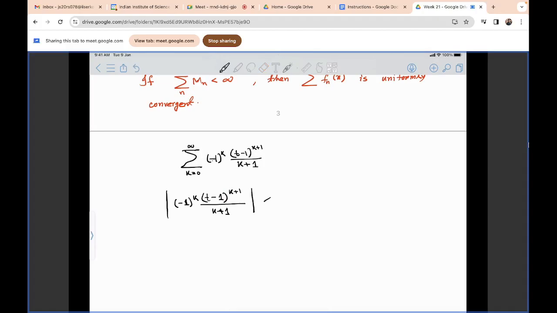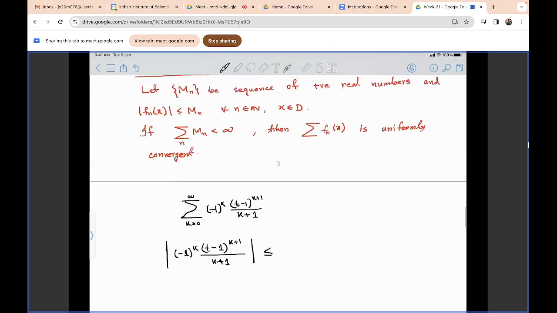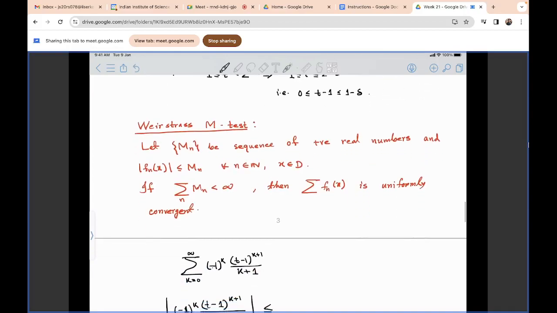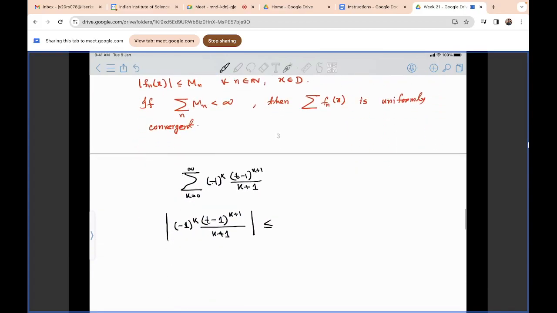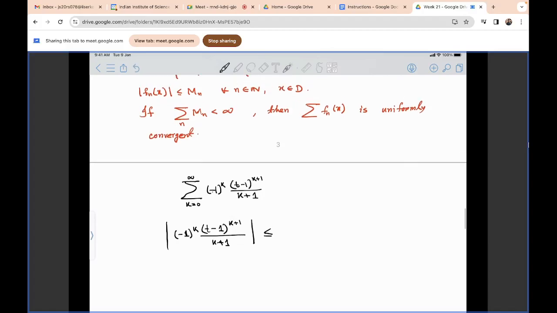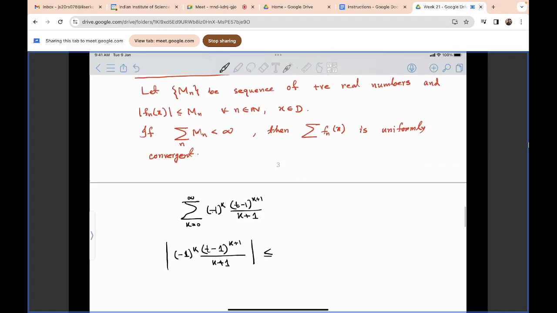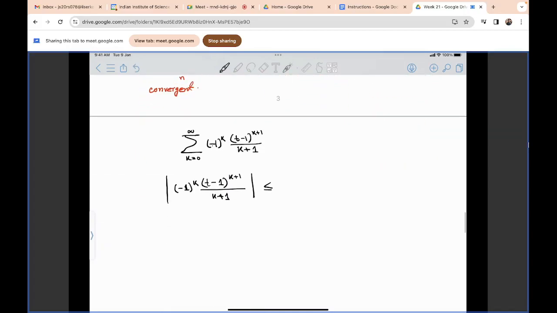Where t minus 1 is less than 1 minus delta, this is less than 1 minus delta to the power k plus 1 by k plus 1.